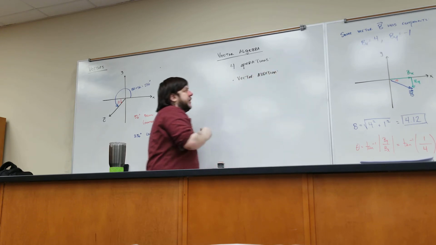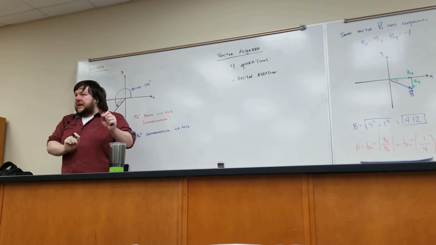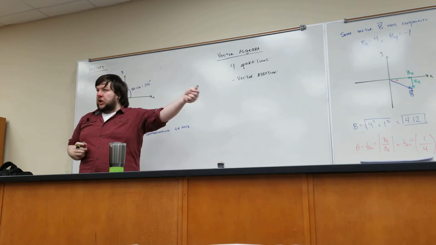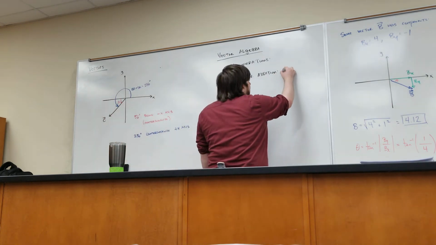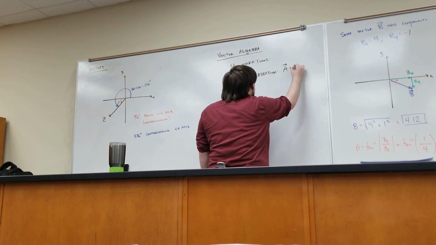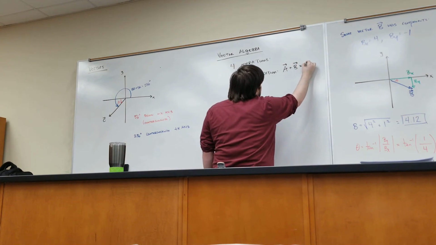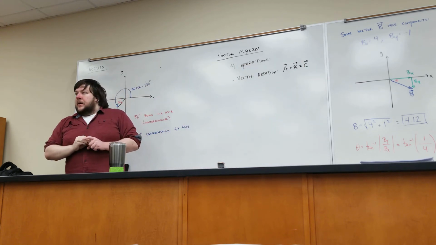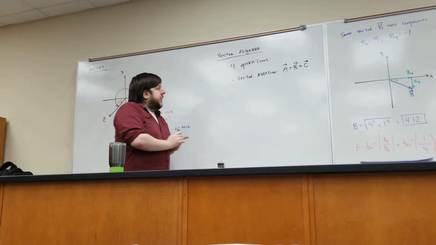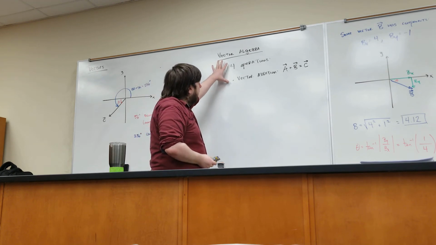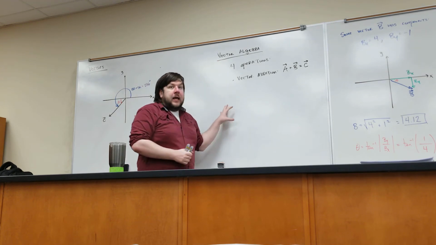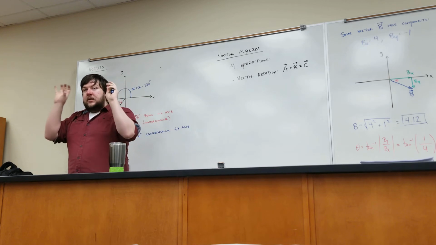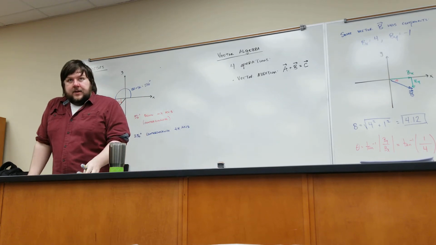There's vector addition. If you add 2 vectors, you get out a third vector. So the vector A plus the vector B is a third vector, C. Something that's important to note is that when I'm talking about vector algebra right here, I'm talking about using 2 vectors to do the algebra.